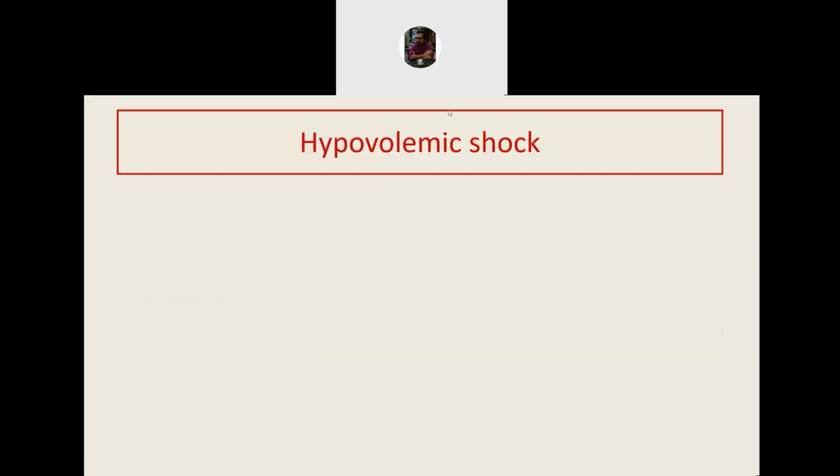Hypovolemic shock is very easy to understand. In hypovolemic shock, what essentially happens is, due to any reason like bleeding or diarrhea or vomiting, there is reduced blood volume. As there is reduced blood volume, this will cause reduced venous return.